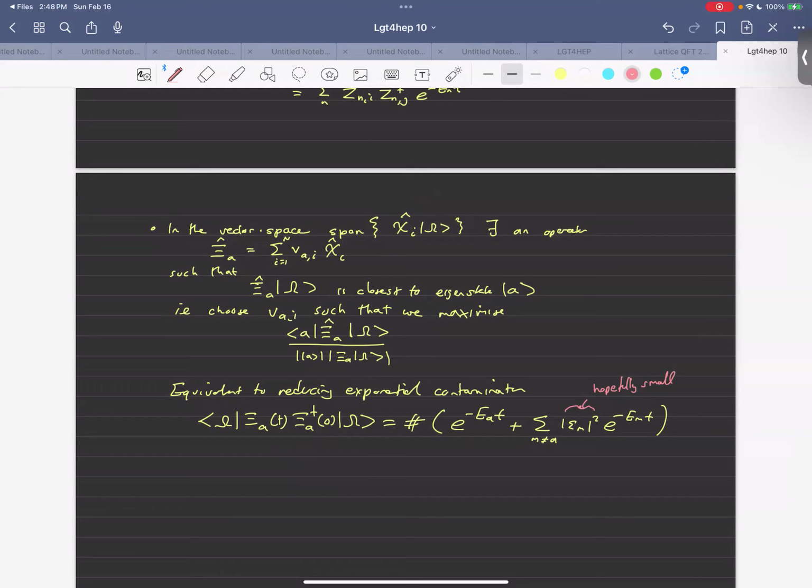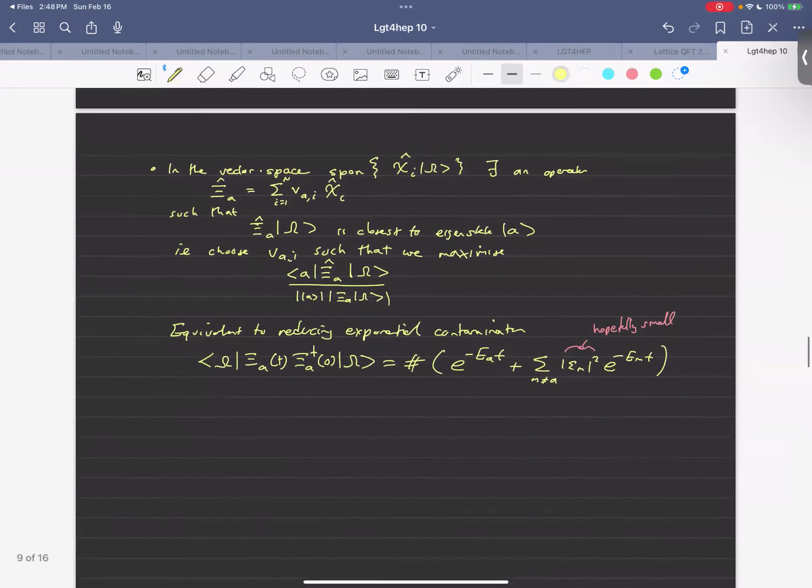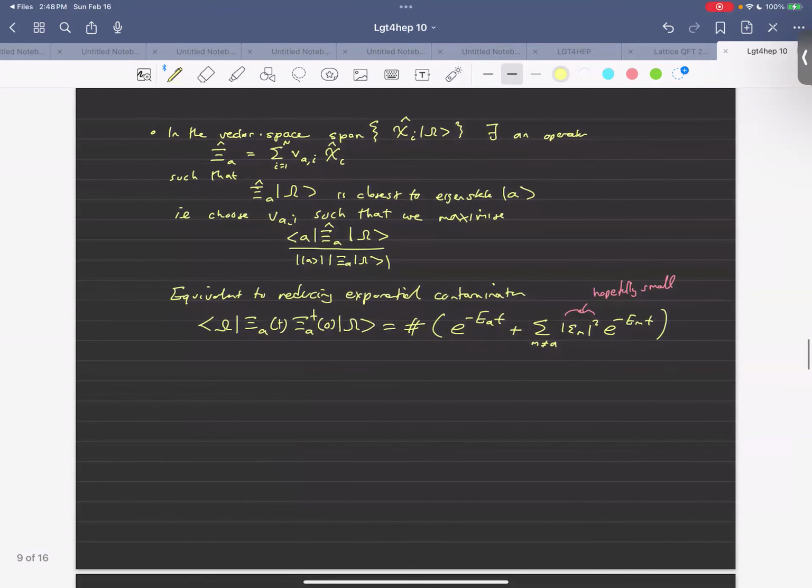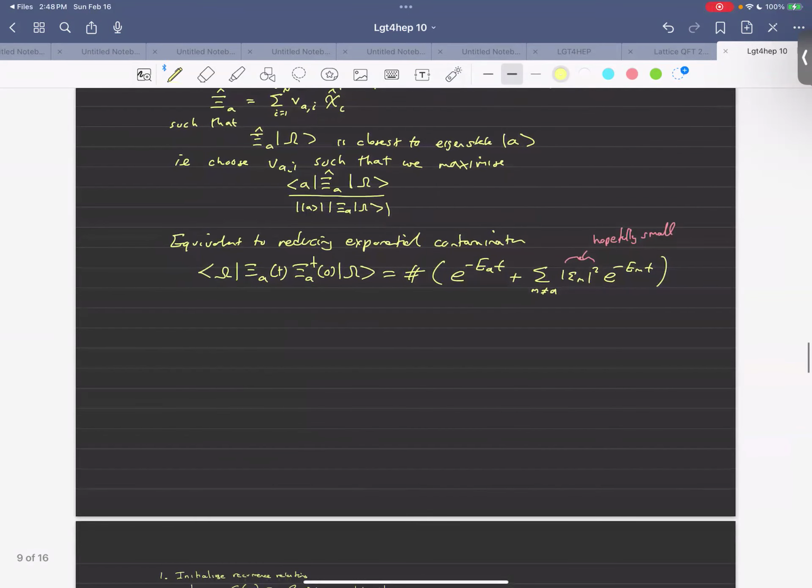And so this would then be something that would be dominated by the energy of just one eigenstate. So let's think about what this is. We want to really minimize this with respect to the v's. Let's write this in terms of the v's.